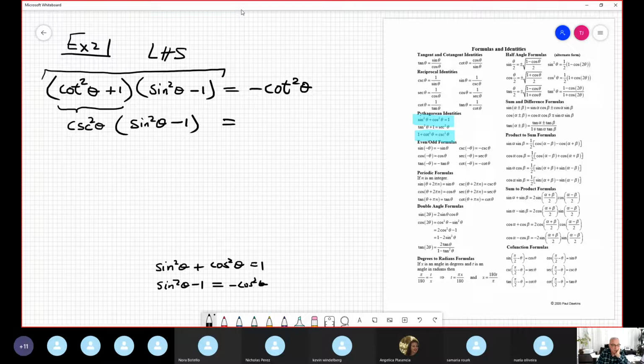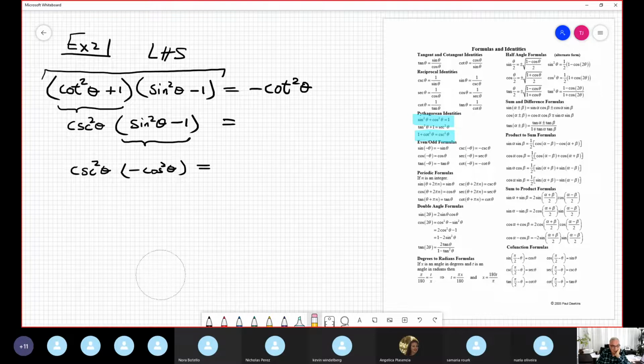So you replace this by minus cosine square theta. By the way, there is no reason to have the minus here in the parentheses. I put it outside like that: minus cosecant square theta times cosine square theta.